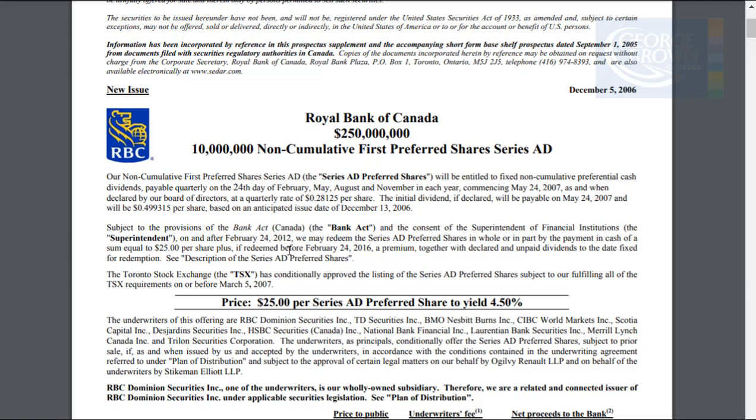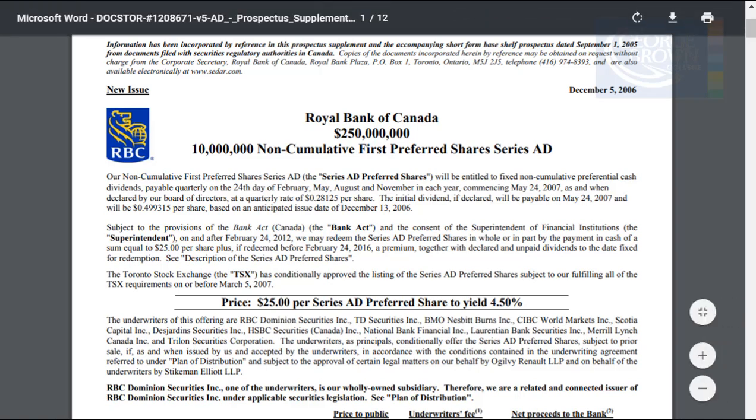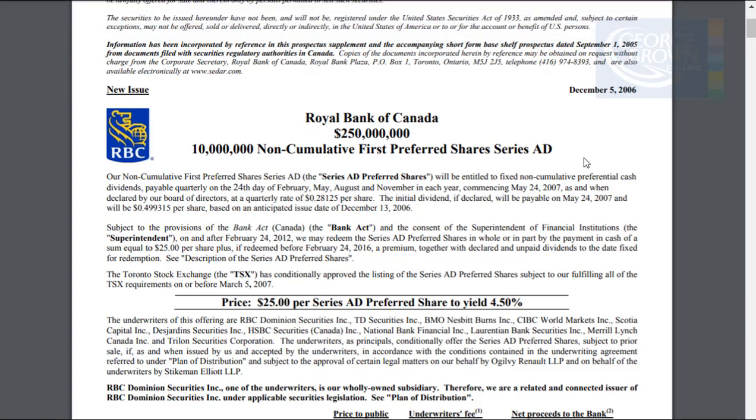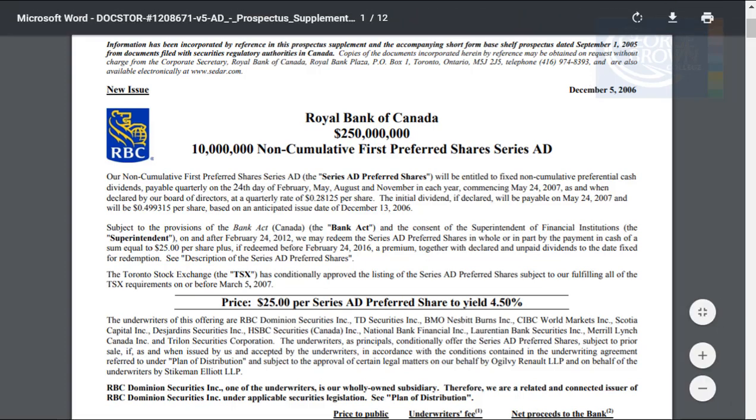On or after February 24, 2012, the Royal Bank may redeem the Series AD preferred shares in whole or in part by the payment of a cash sum equal to $25 per share. And that's indeed what happened in 2018. These were non-cumulative preferred shares that were redeemable, so they did not have an infinite life.